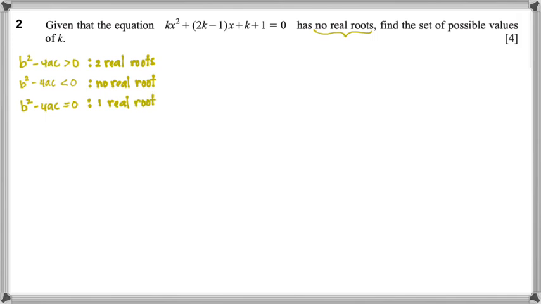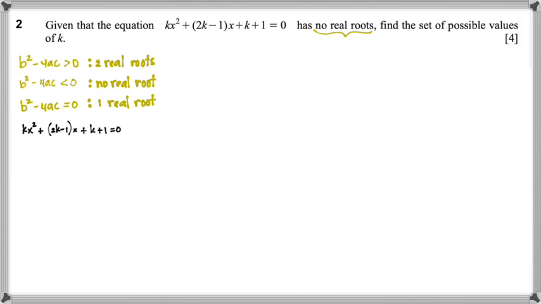Alright, now let's continue solving. I'll be using black to show our solution. So the given equation is kx squared, alright, let's copy it out again. So kx squared plus (2k minus 1)x plus k plus 1 is equal to 0.